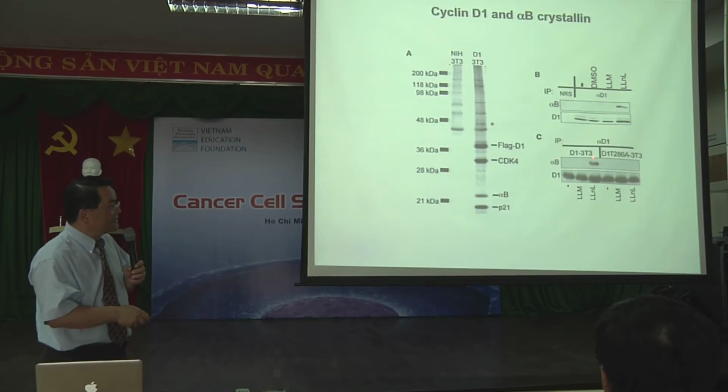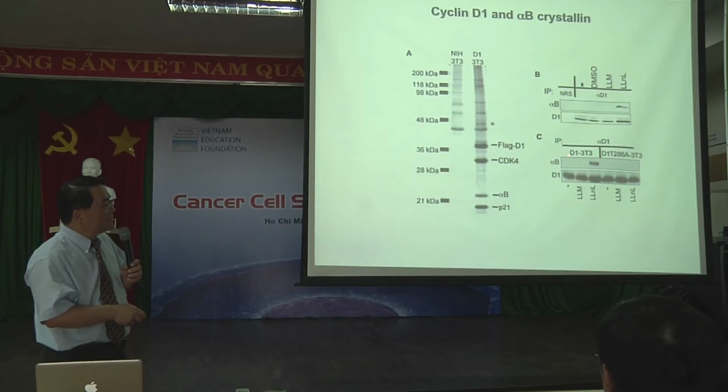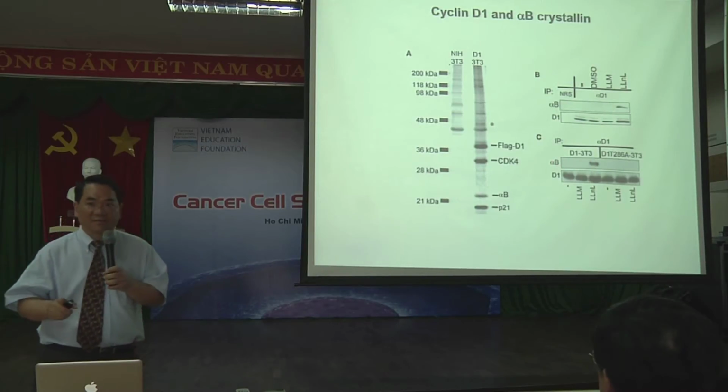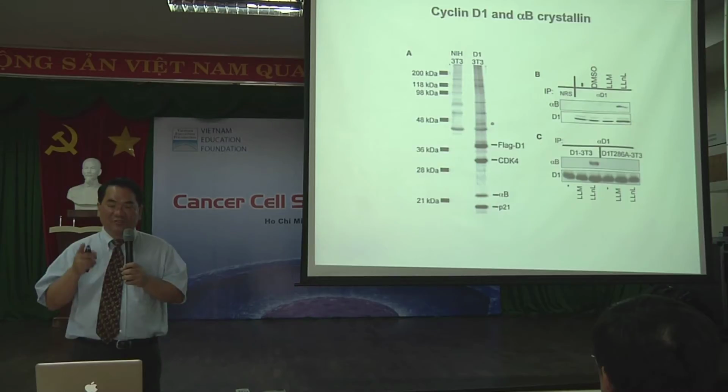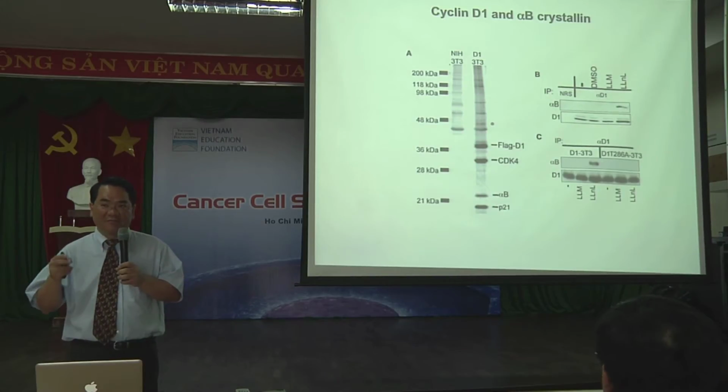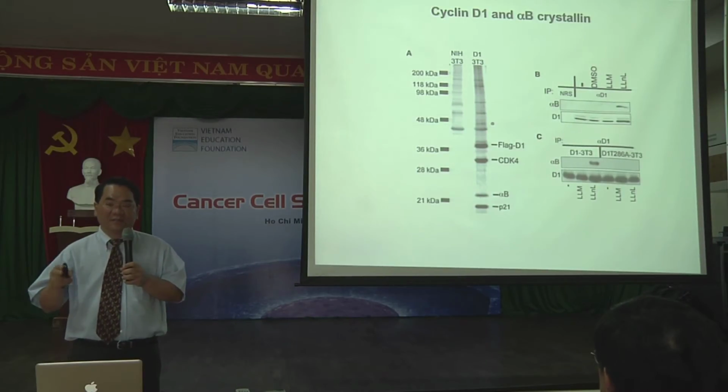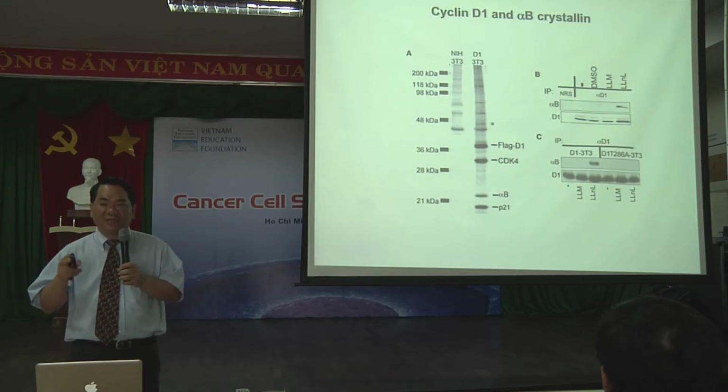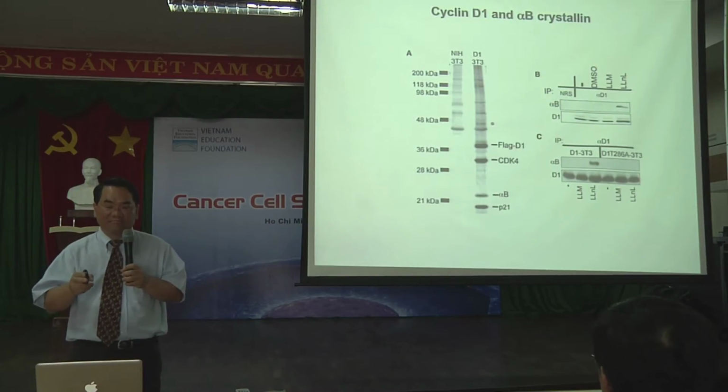As you can see here, the wild type control, cyclin D1, is still associated with alpha B crystallin, because the IP Western shows that alpha B crystallin is present in the immunoprecipitation complex of cyclin D.